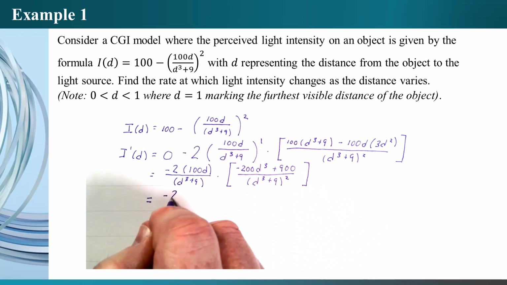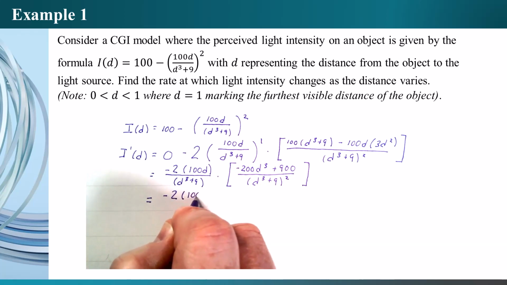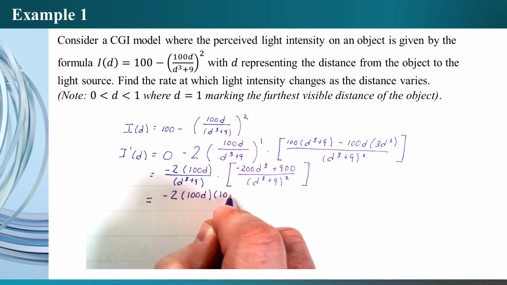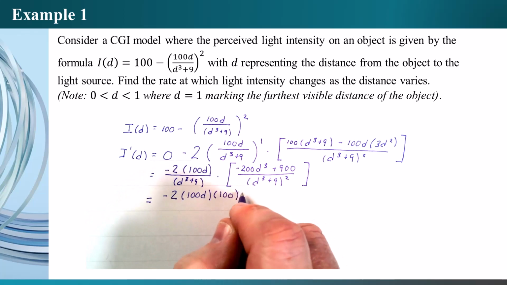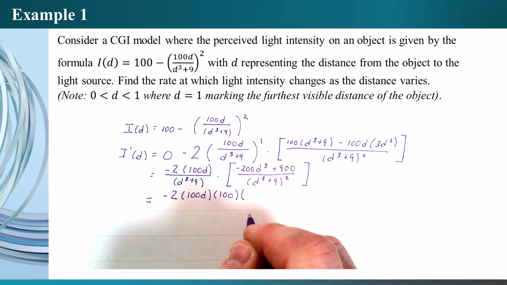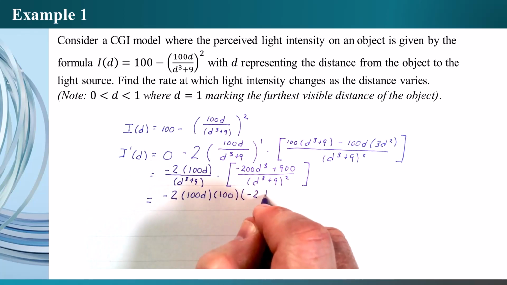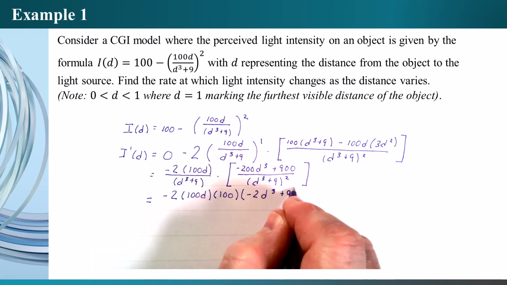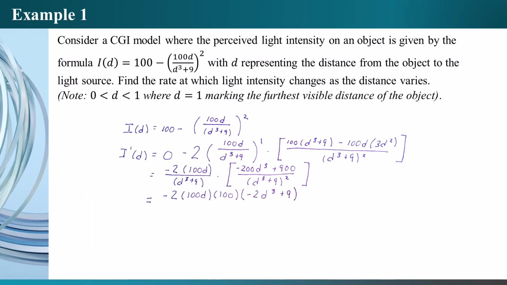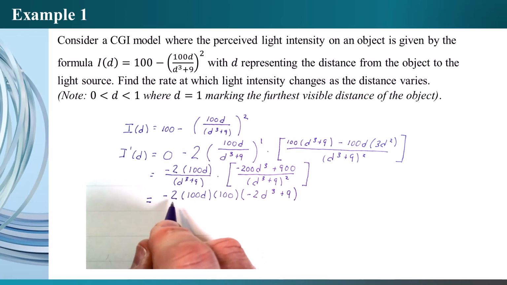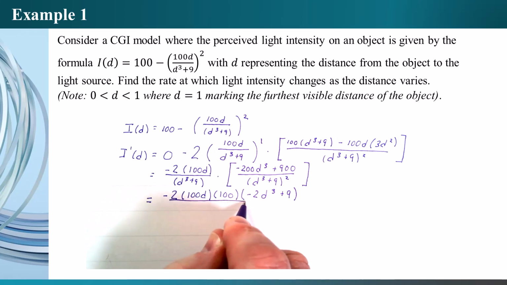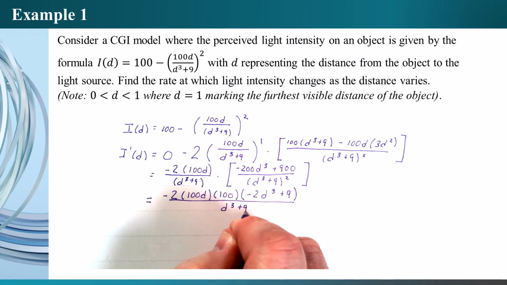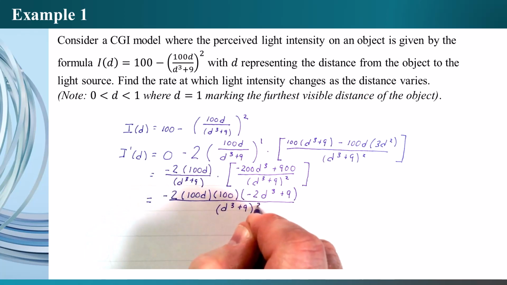Well, it looks like we can simplify this a little bit more. We have negative 2 times 100d, and it looks like we can factor out a 100 here, which would leave us with negative 2d cubed plus 9. And in the denominator, we have d cubed plus 9 times d cubed plus 9 squared, and so when we combine these, we're going to get d cubed plus 9, and all of that is raised to the third power.